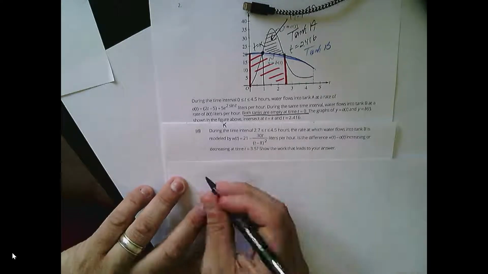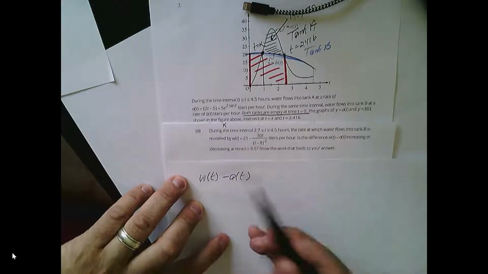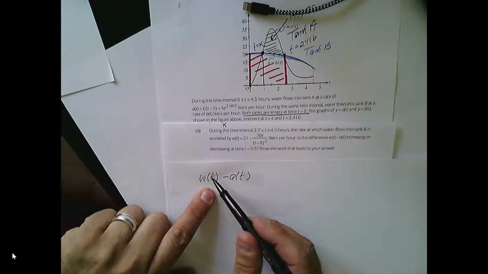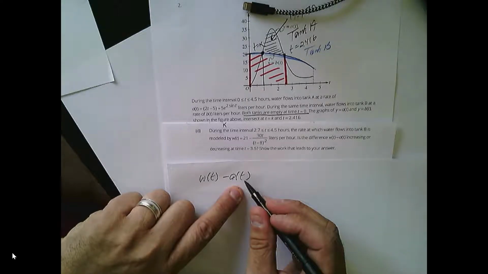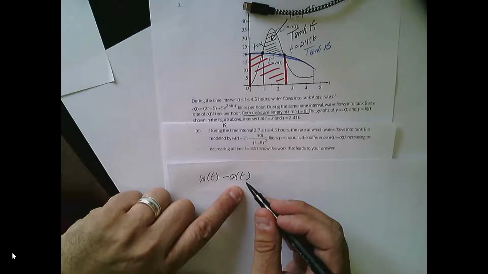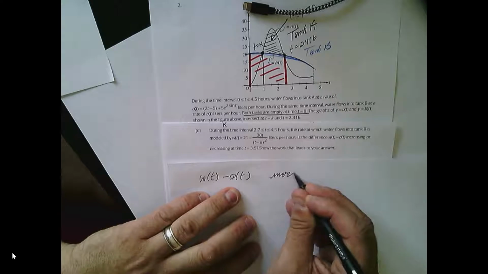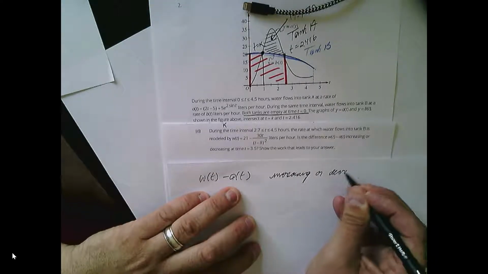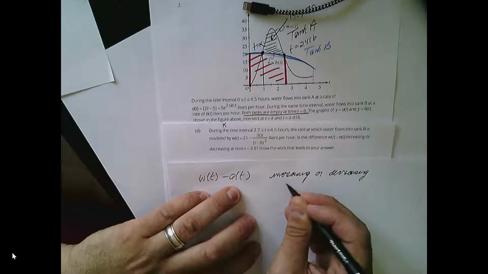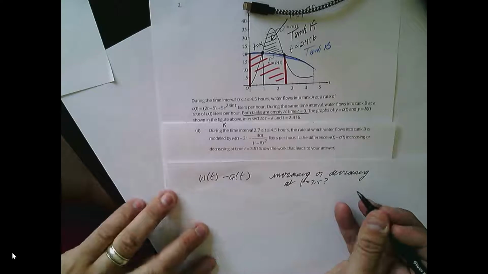Well, think about this for a second. W of t is how fast water flows into tank B. A of t is how fast water flows into tank A. And they want to know, how is this difference increasing or decreasing at t equals 3.5?